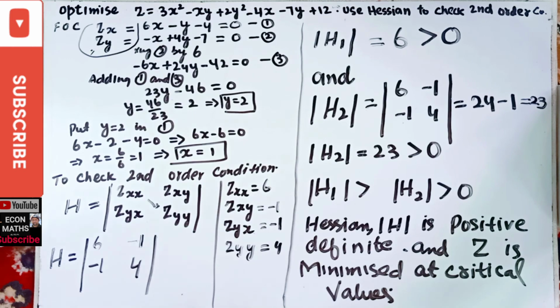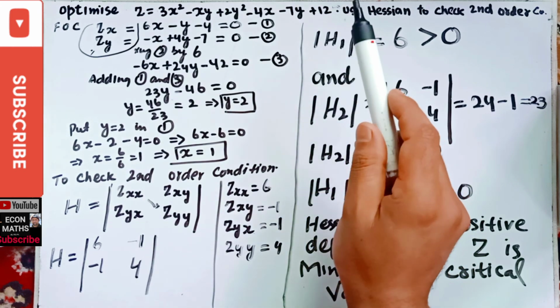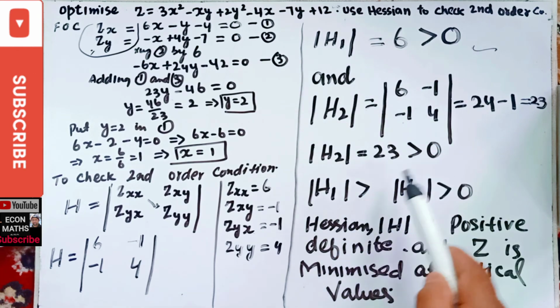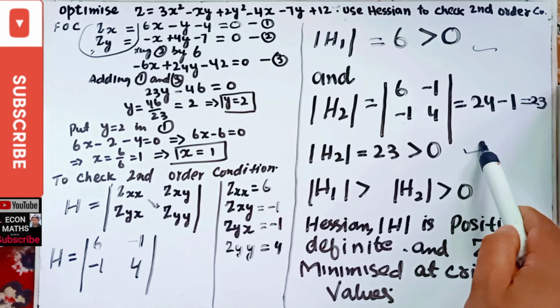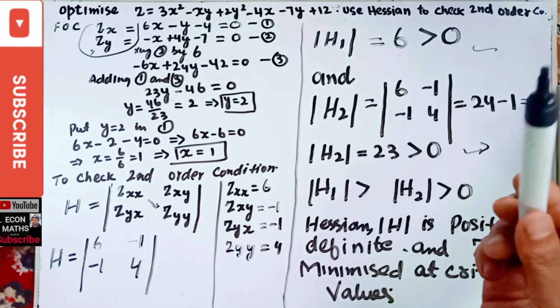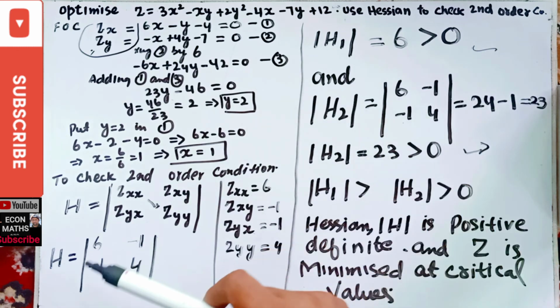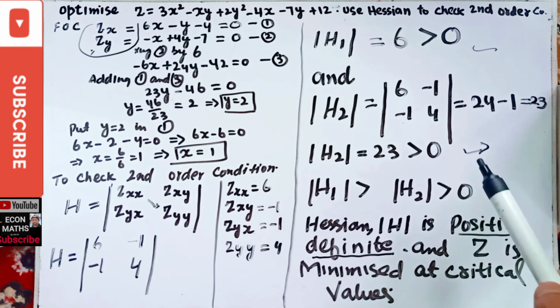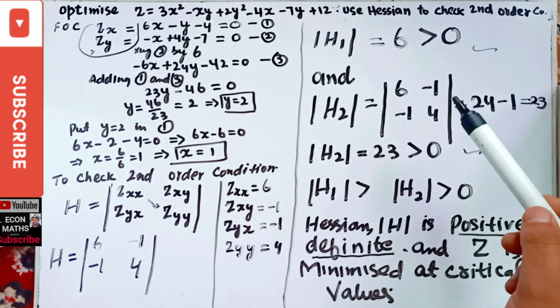That is, when the value of H1 is greater than 0 and H2 is also greater than 0, in that case the Hessian H is called positive definite, and Z is minimized at critical values.